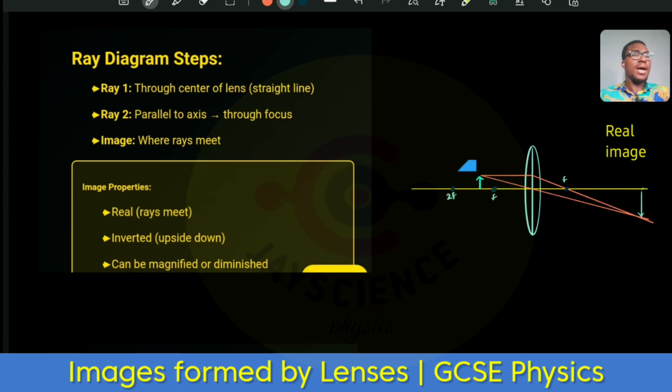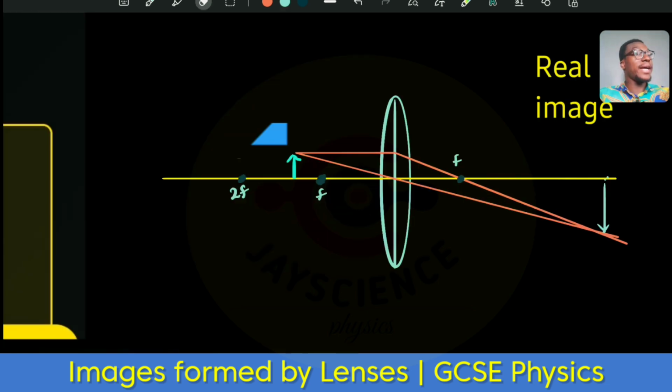And how do we draw these ray diagrams? Number one, if an object is placed farther from the lens than the focal length, then a real image is formed. Anywhere you place your object, so long as it's not less than the focal point, or we can say the focal length, whichever one you choose, you would always have a real inverted image.